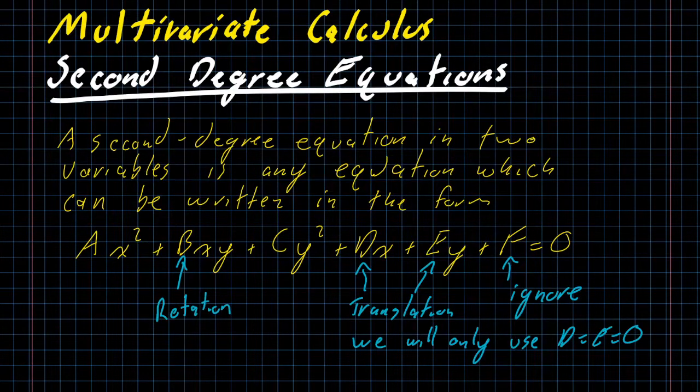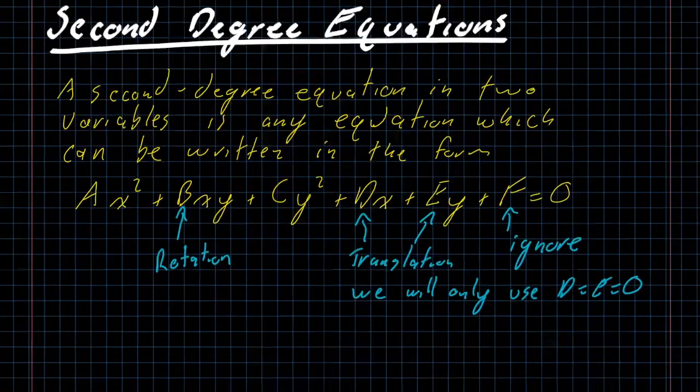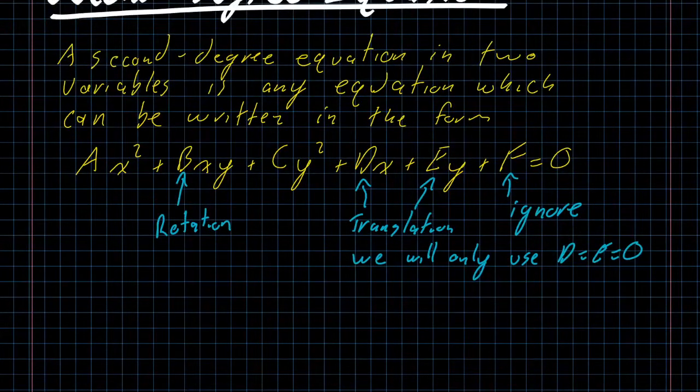The parameter b here is used in handling rotations. For example, I mentioned that an ellipse is a common second-degree equation graph. You can have an ellipse that is kind of stretched horizontally.